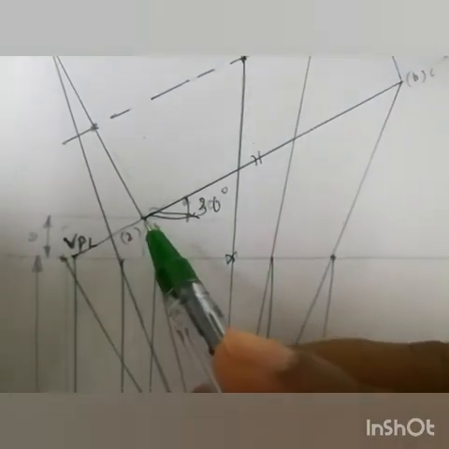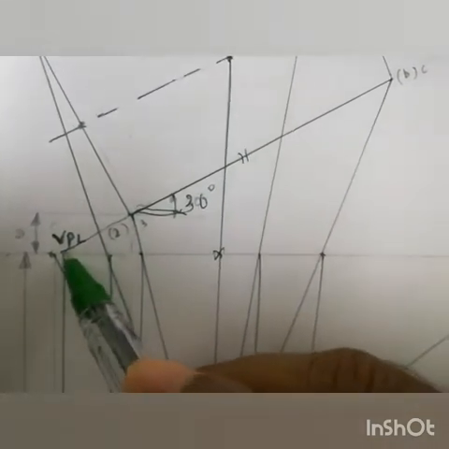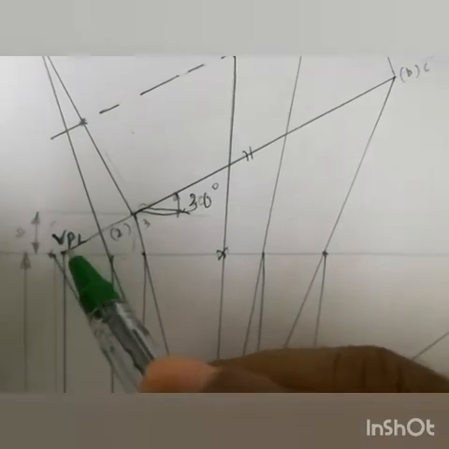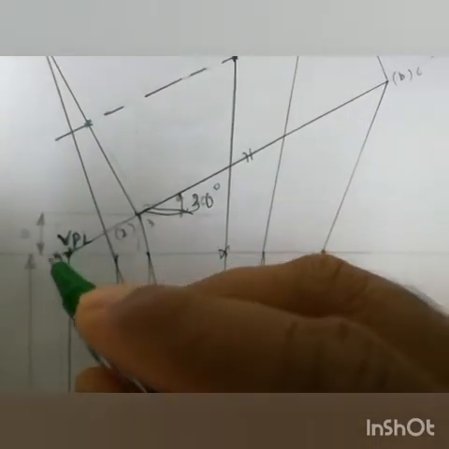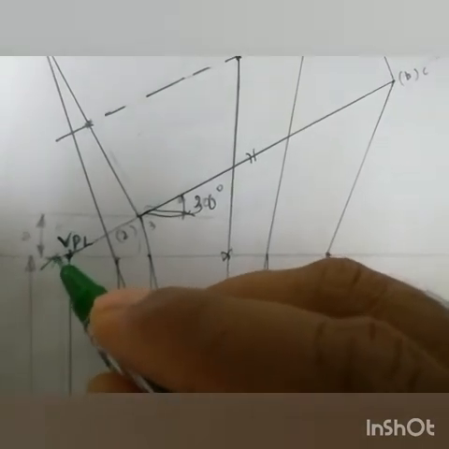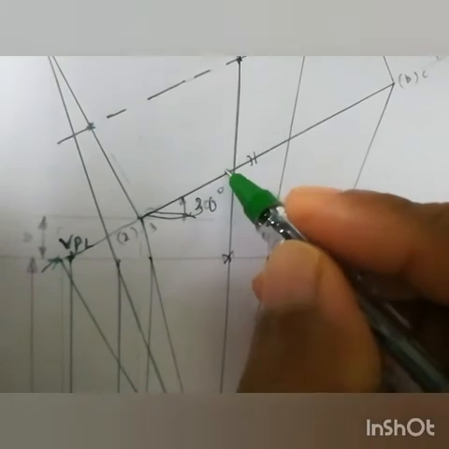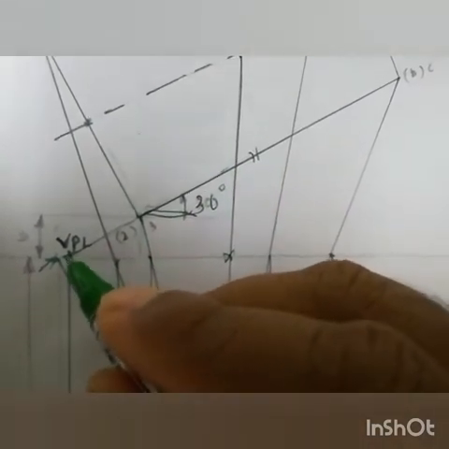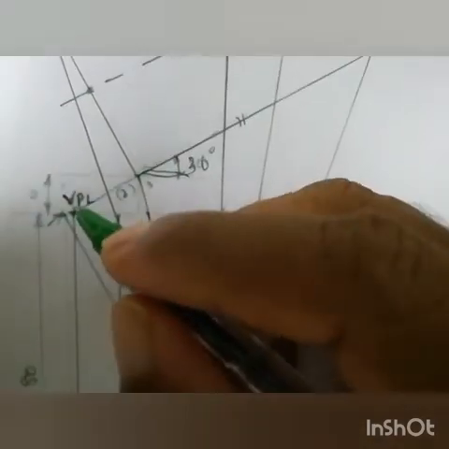So what we have to do is produce this line to meet the picture plane. This point is not VPL, it is this one. Both are very close. You have to be very careful. When this edge is taken to picture plane, this point is to be noted.